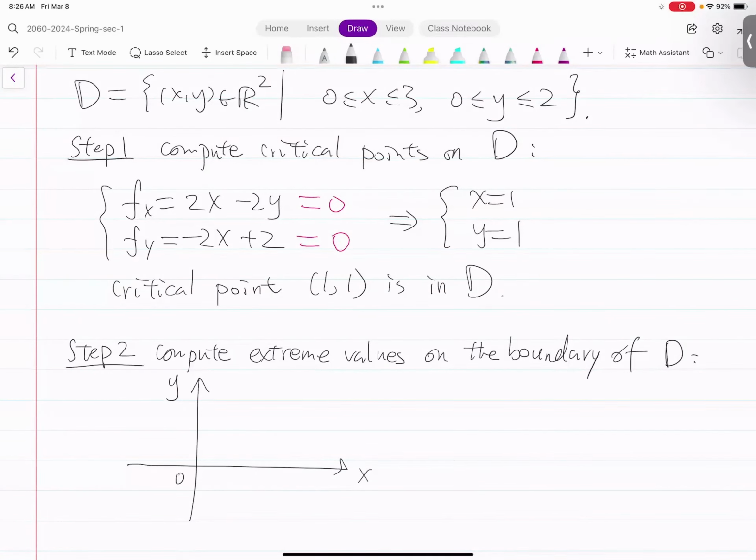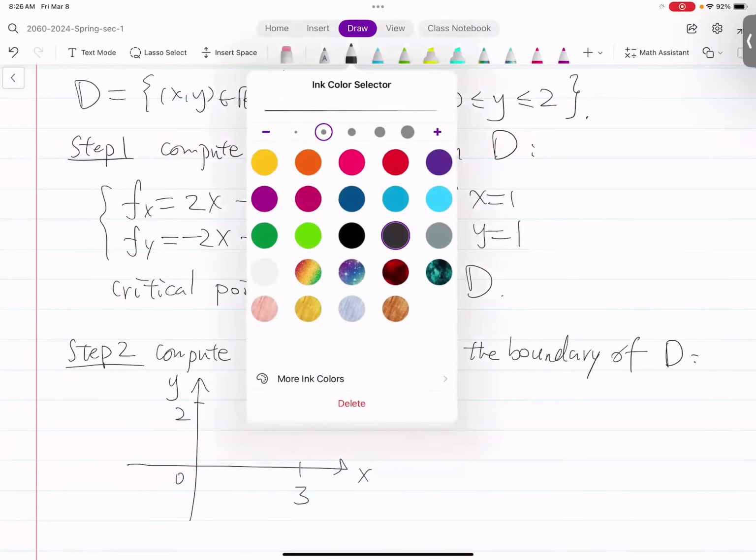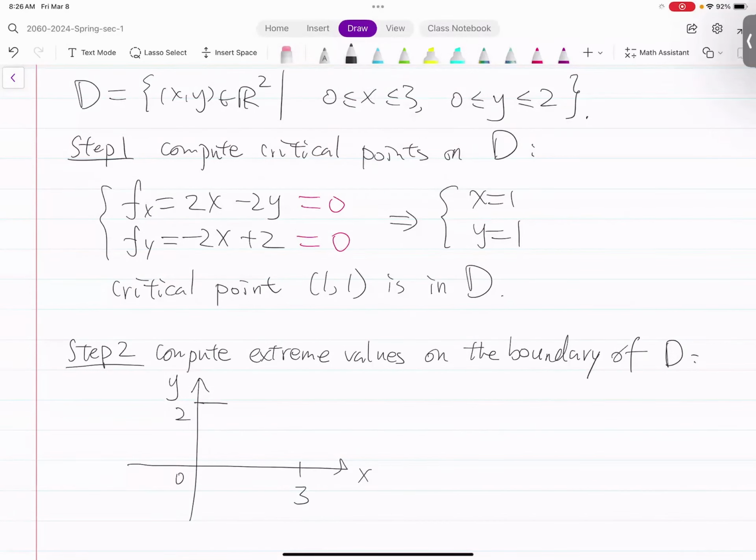Basically, we have x between 0 and 3, y between 0 and 2. So actually, we have a rectangle. We just have the x-axis, the y-axis, the vertical line x equals 3, and the horizontal line y equals 2 as the boundaries of this rectangle, right?